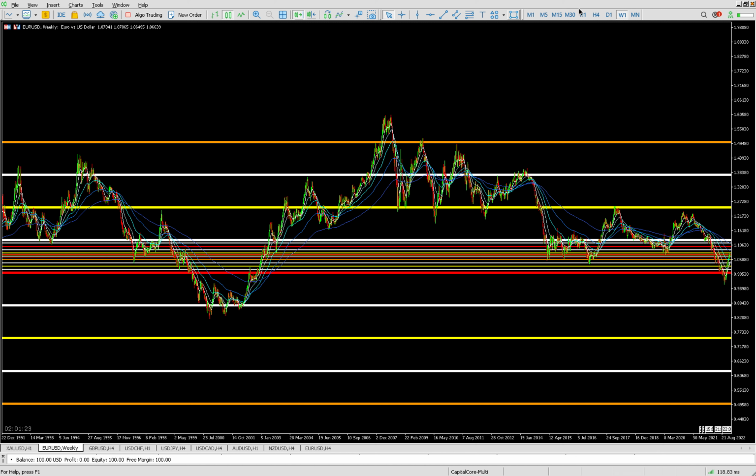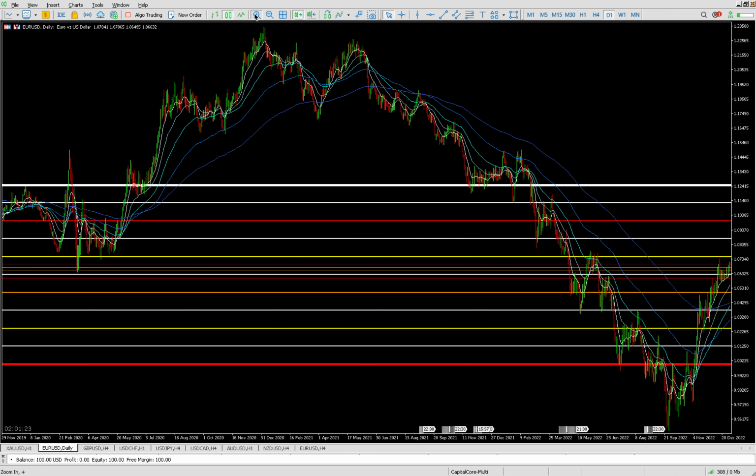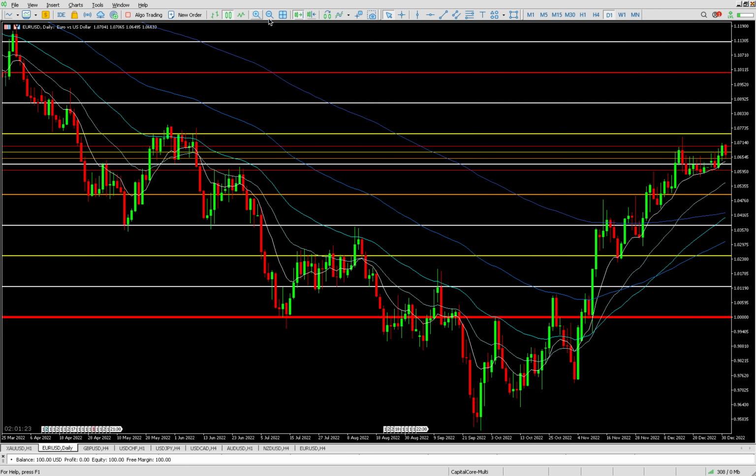So now that we have our bearings, let's zoom in. You see 1.0, 1.125. Okay, this is the smaller time frame quarters theory level right here. Here we have 1.0 and 1.1.